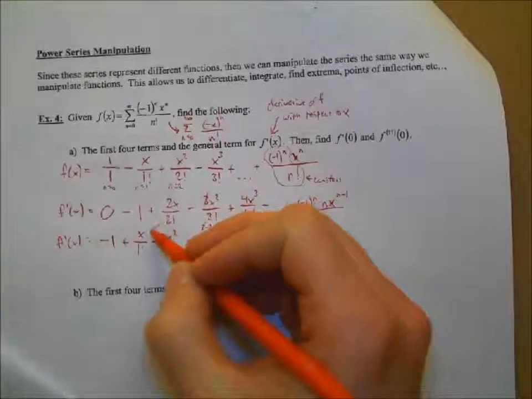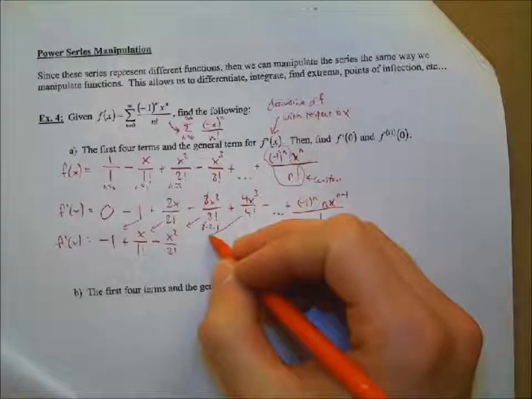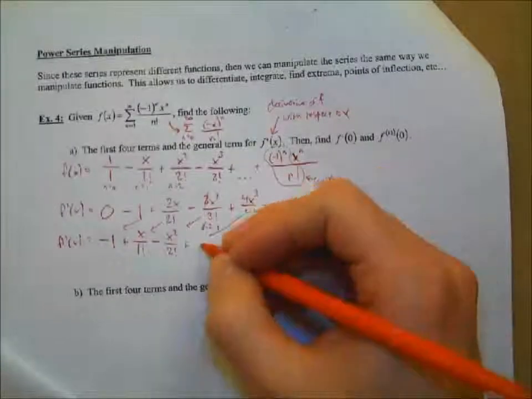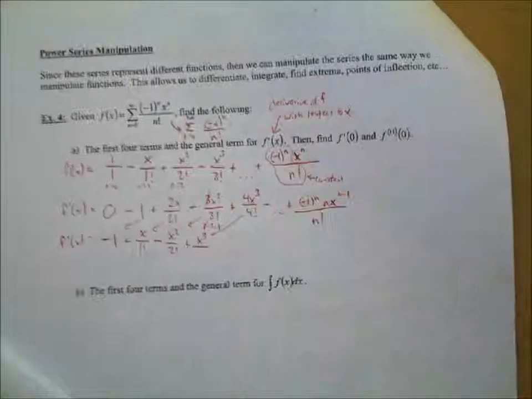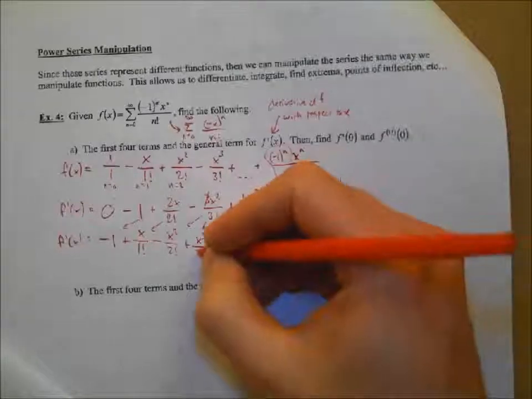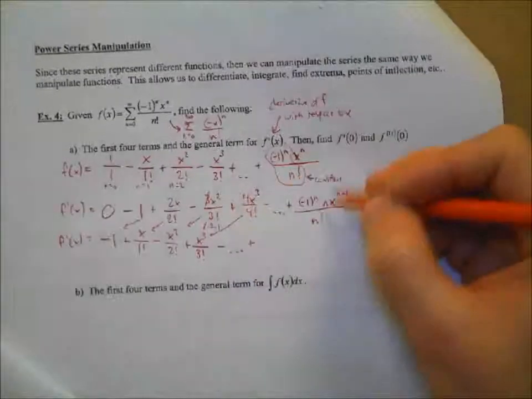Because again, that leading 3 there is going to cancel out with the 3 there. So maybe I should go like this to just show things. Plus, and then again, same thing here: 4x cubed over 4 factorial will become x cubed over 3 factorial. And then minus dot dot dot plus, and let's simplify this here as well.